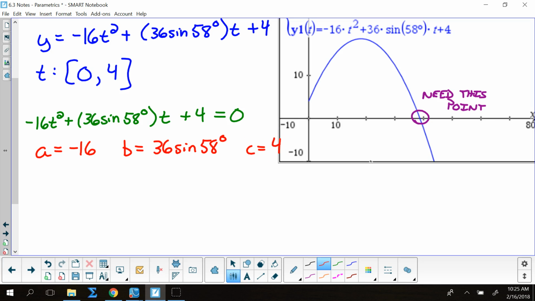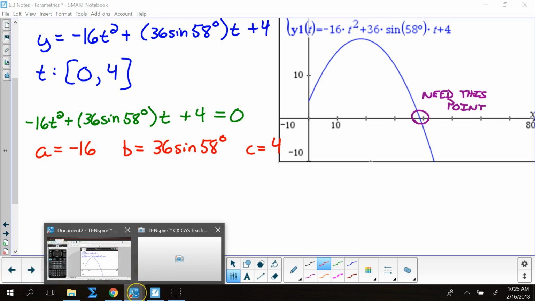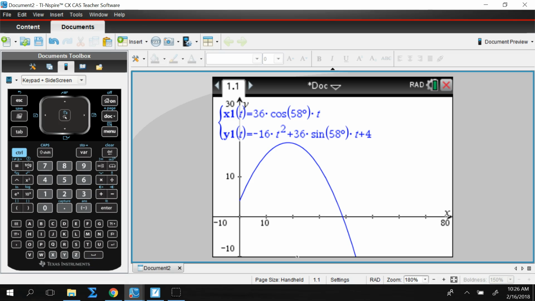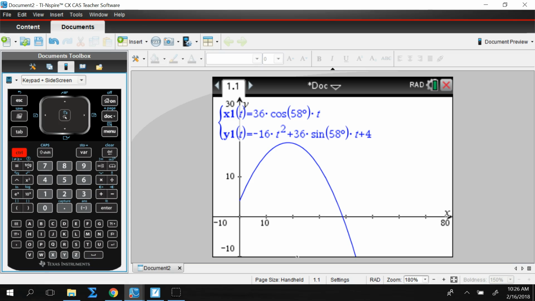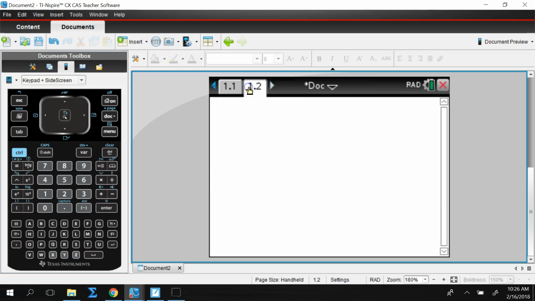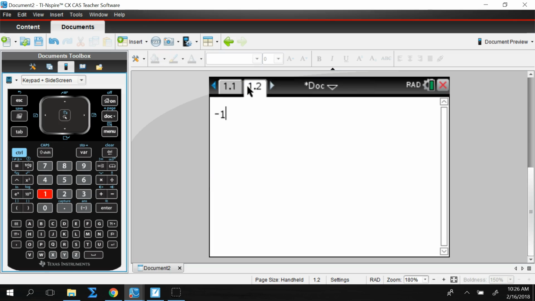4. Now I could type those in every time, or what I can do on my graphing calculator is store them as their variables.